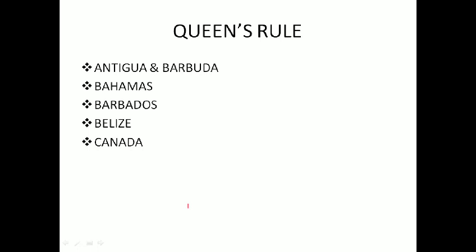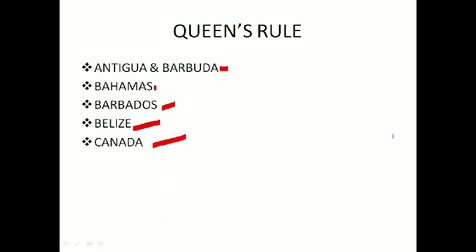In North America, once upon a time, some countries were ruled by England. These countries still consider, maybe nominally, in name only, the Queen of England as the head of their country. So it may be Antigua and Barbuda, Bahamas, Barbados, Belize, Canada.